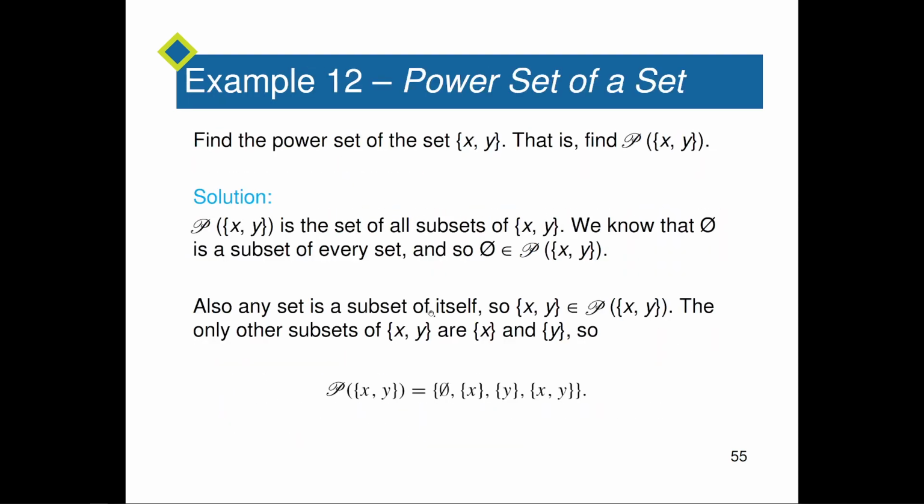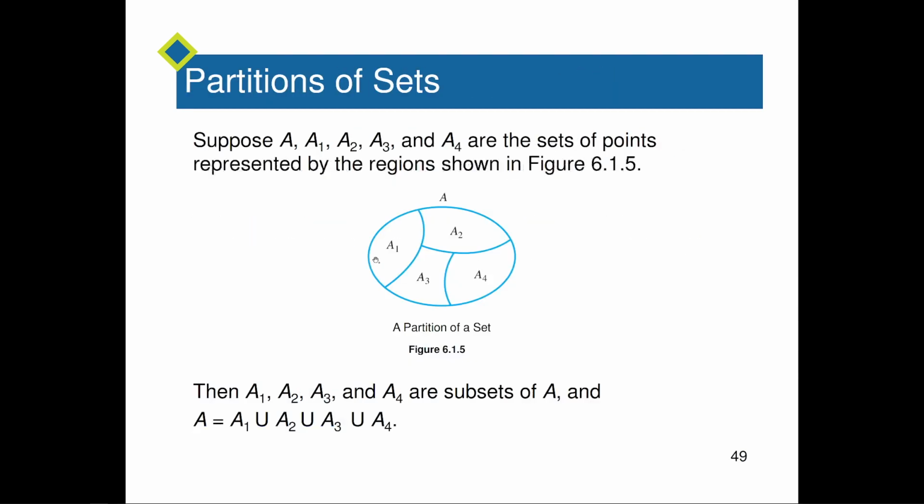Find the power set of the set XY. That is, find fancy P of XY. So we have the set now containing the set called XY. The power set is a set of all subsets, which is why I did the proof before, which shows that the empty set is a subset of every set, which was left out.